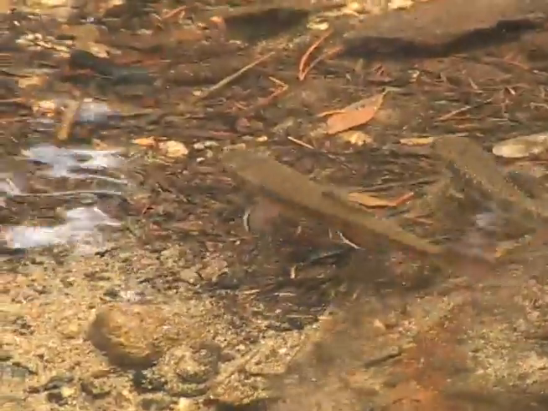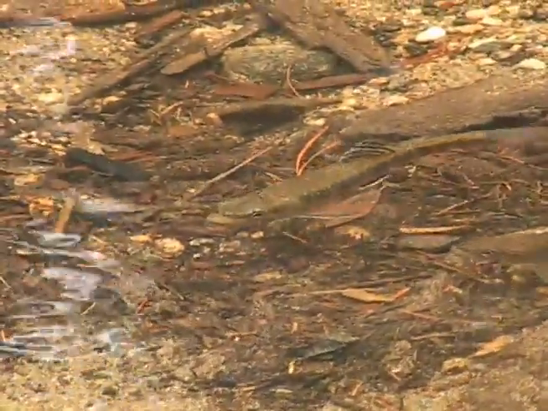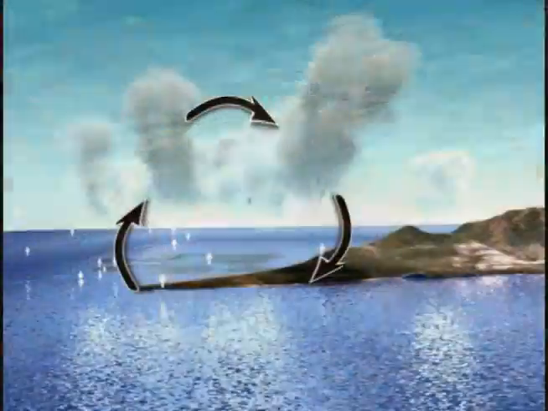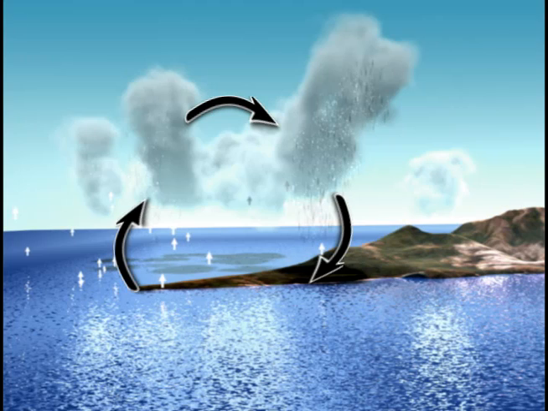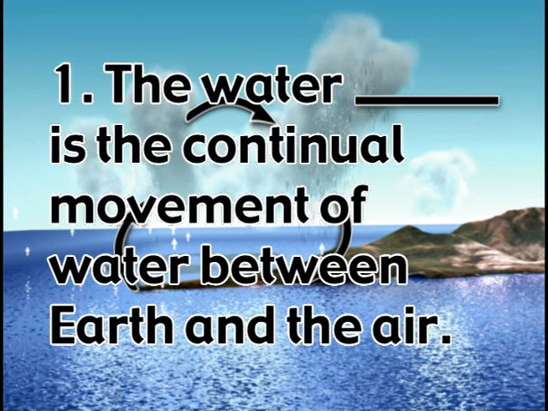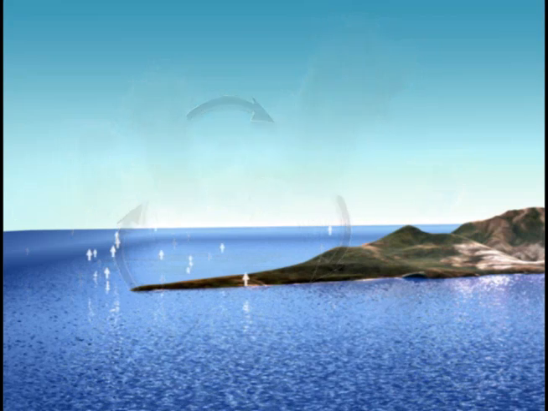Fill in the correct word to complete the sentence. Good luck, and let's get started. Number 1. The water blank is the continual movement of water between Earth and the air. Number 2. Blank involves liquid water changing into water vapor.